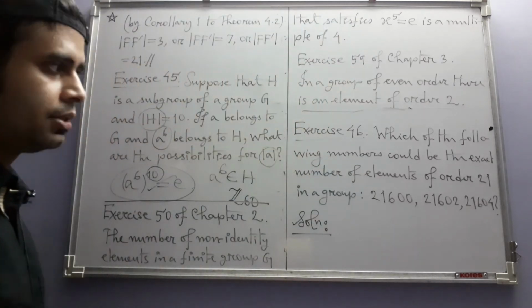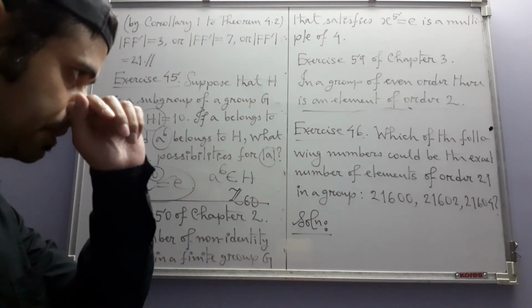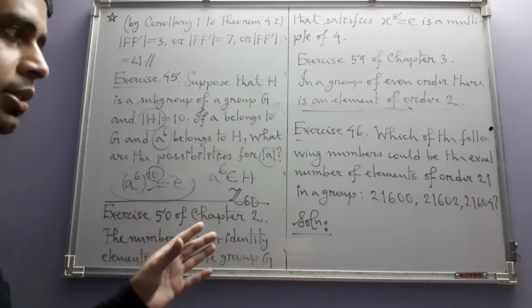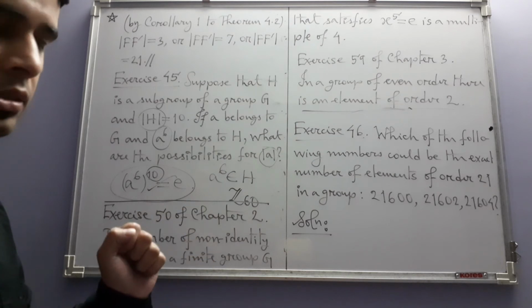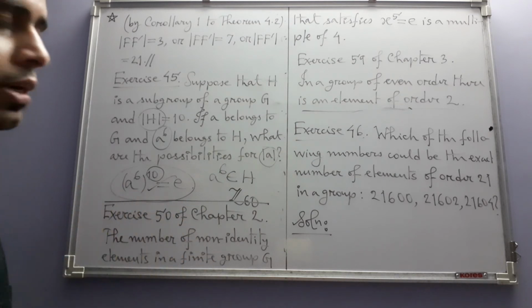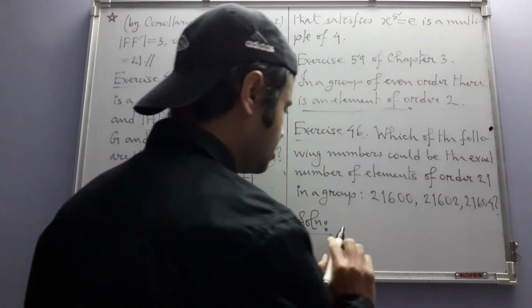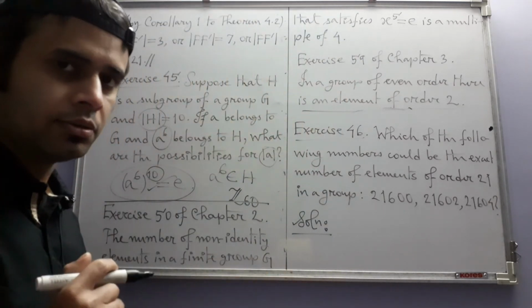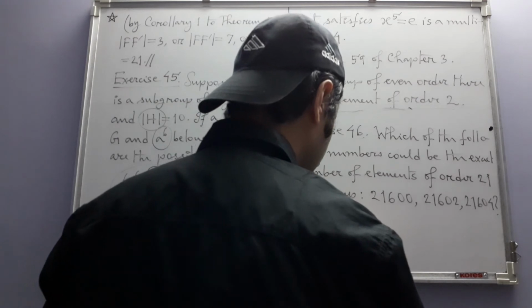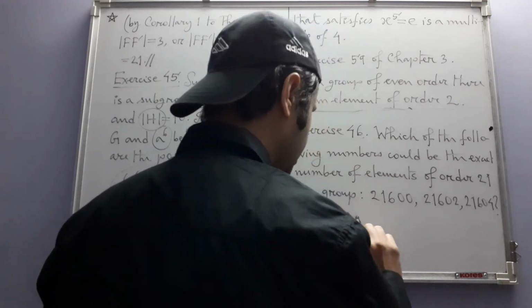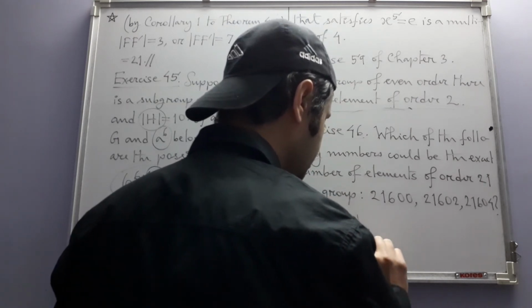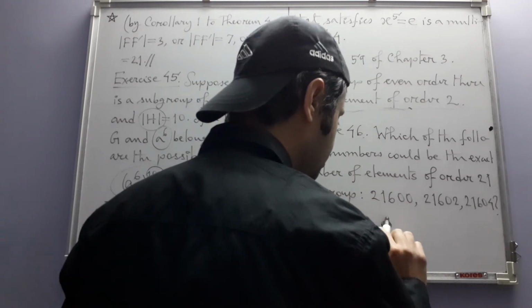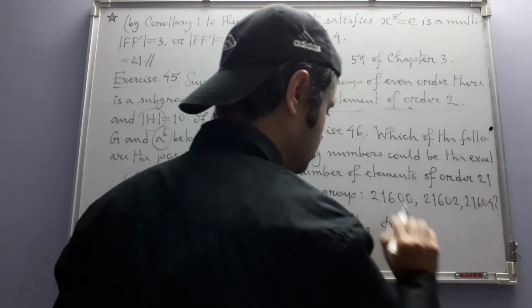Okay, now in trying to solve this, we need a condition that these numbers should satisfy. We know one result. The result is that if we are in a finite group, then the number of elements of order d is a multiple of phi of d.